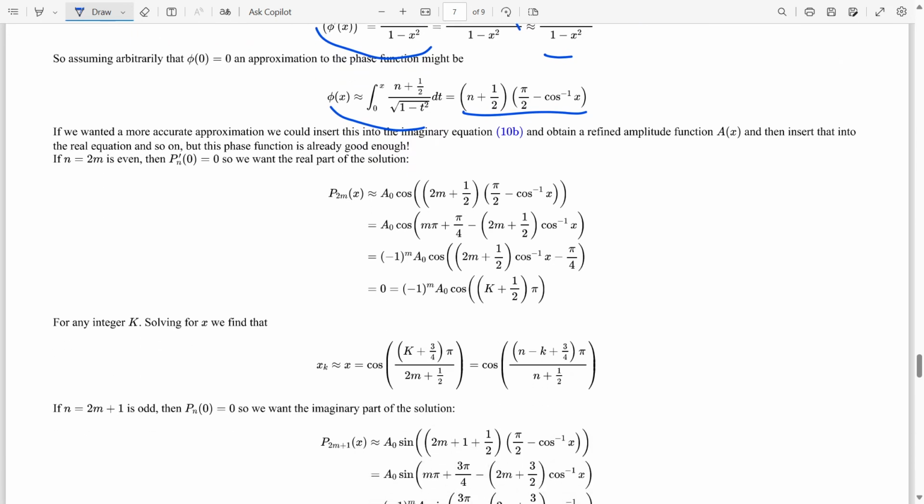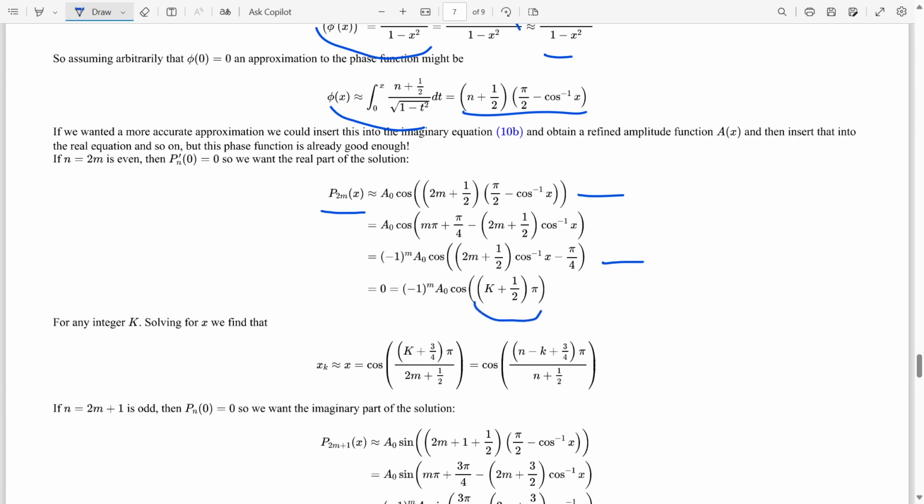For even n, Pn of x is an even function of x, and we know that the real part of e to the I phi of x is cosine phi of x, and an even function of an odd function is an even function. So this will be our solution that is applicable for even Legendre polynomials. And now a little bit of simplification gets us to here, and we know that if cosine theta is 0, then theta is an integer plus a half times pi.